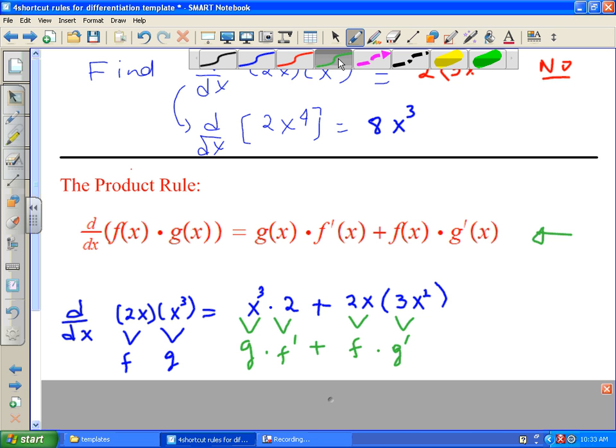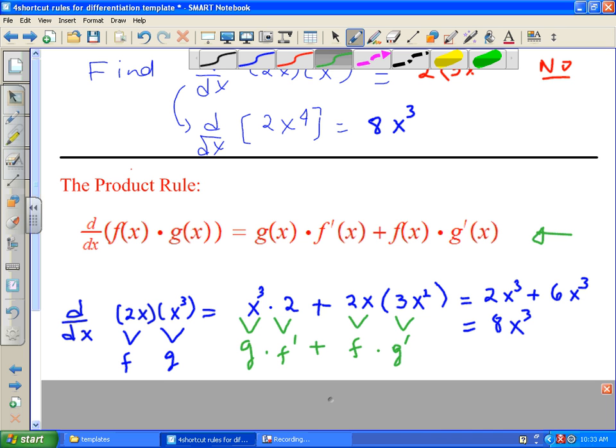What is the simplified answer? You got 2x cubed plus 6x cubed, right? Which is equal to what? 8x cubed. Is that the answer we expected to get? Look up there. When we first multiplied, we got 8x cubed. That was the correct answer.